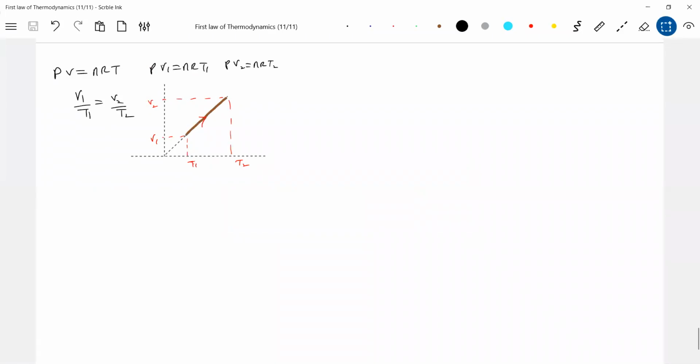Strictly, it should pass through the origin. I think you know the mathematics now. I know the PV graph. In the PV graph, how is the curve? Straight line, horizontal line, isobaric process.